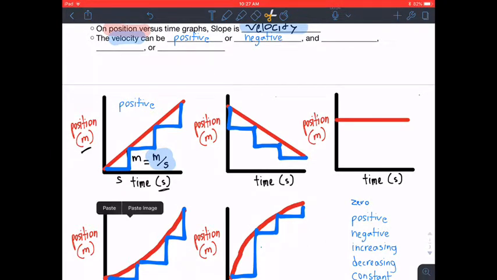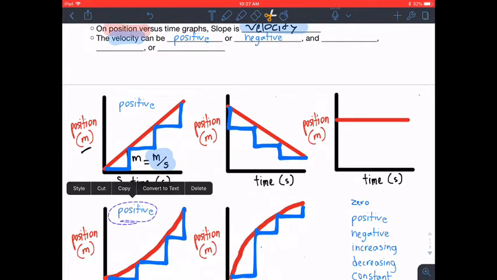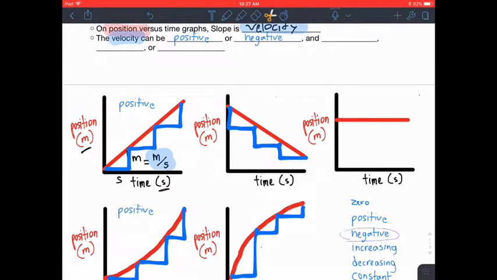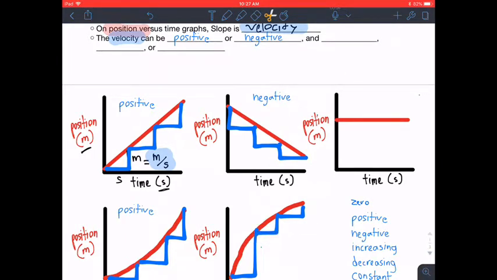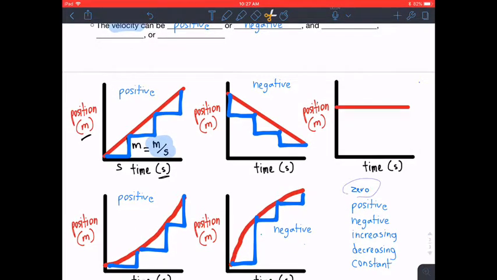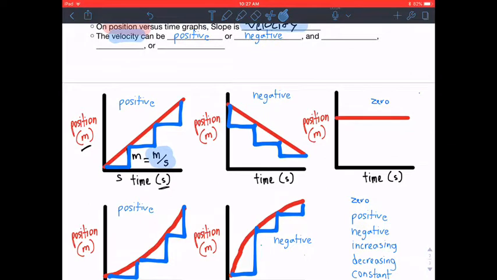And in this graph, the slope, or the velocity, is positive. Now, in this graph, the velocity, or the slope, is negative. And in this graph, the slope, or the velocity, is negative. The other thing that it can do is it can be 0, like it is in this graph right here. That's 0 slope, and therefore 0 velocity. The object is not moving in that situation.